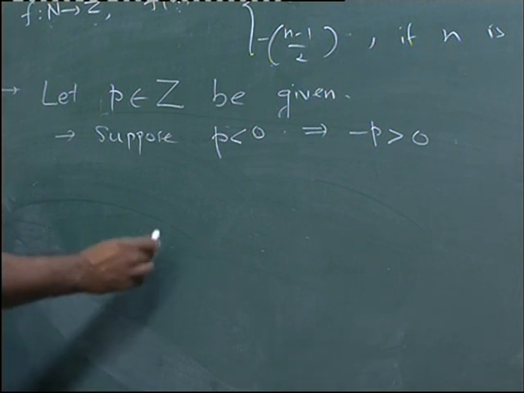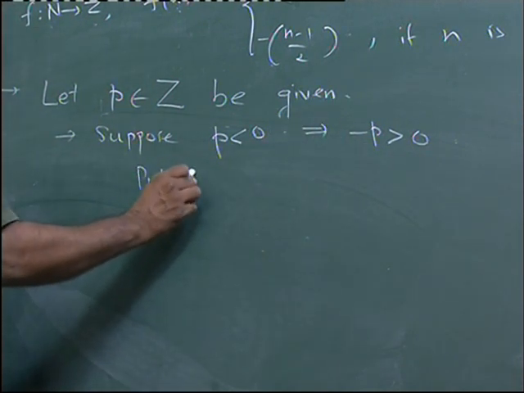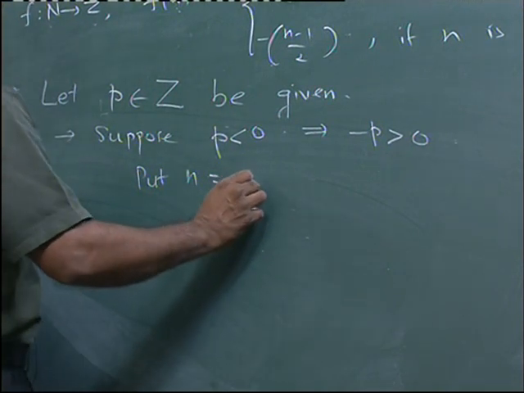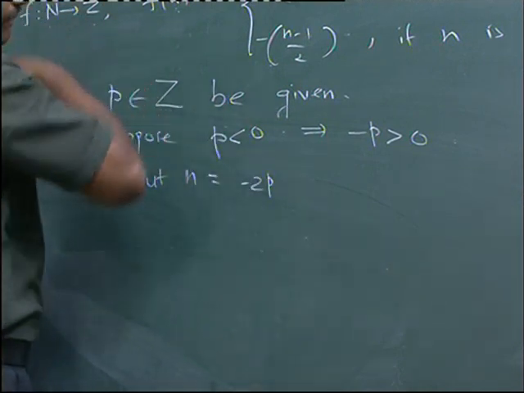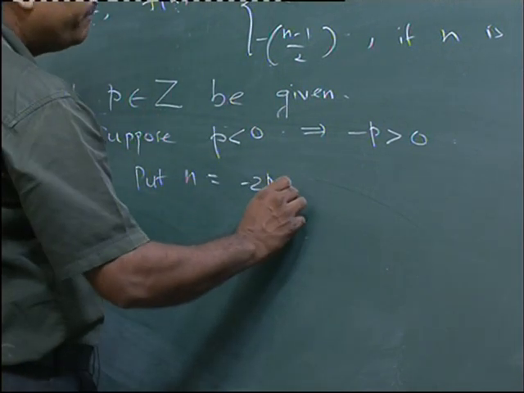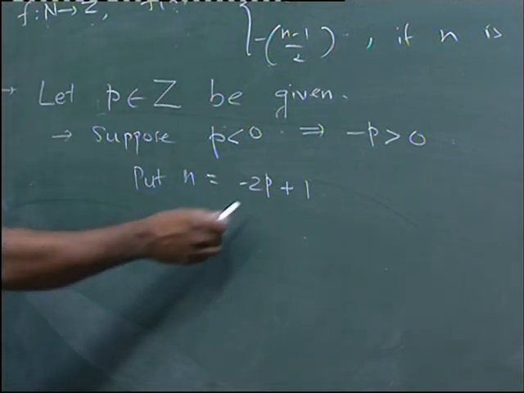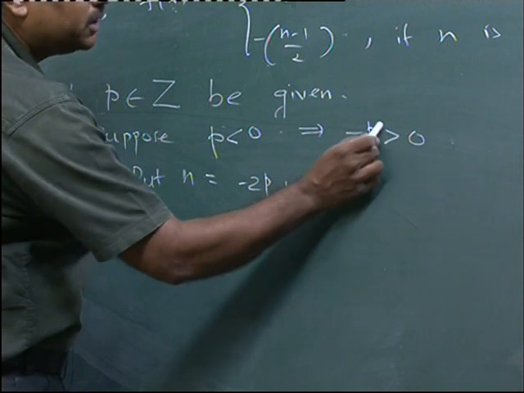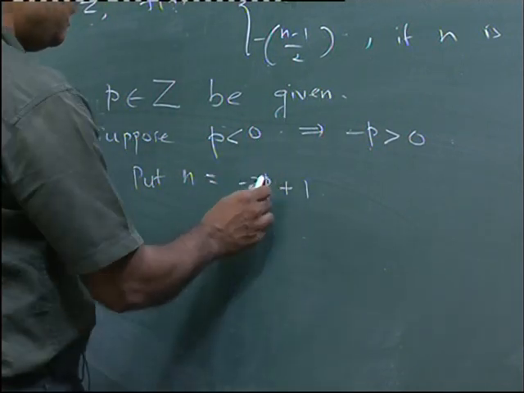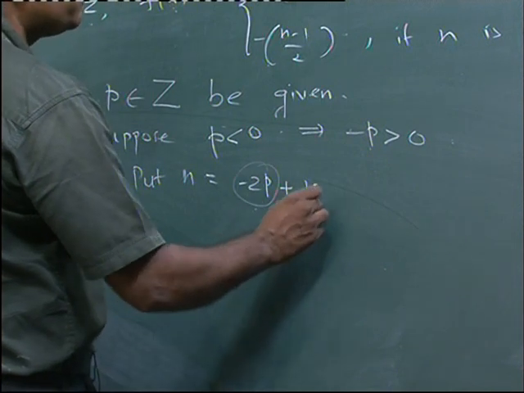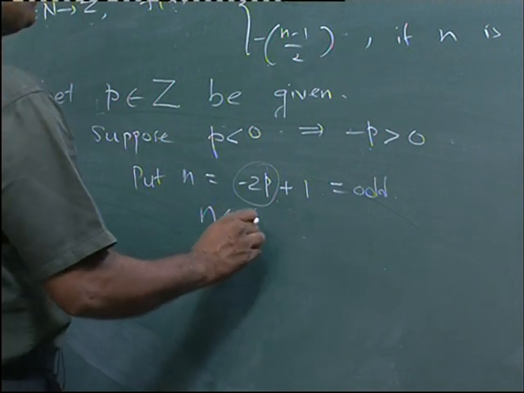Using this, I am defining a new number n equal to minus 2p plus 1. p is an integer, minus p is a positive integer. So, minus 2 into p is an even integer, and this is even plus 1. So, this is an odd number. So, n is an odd natural number.